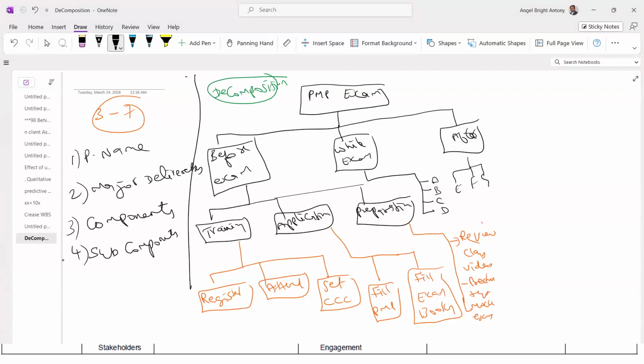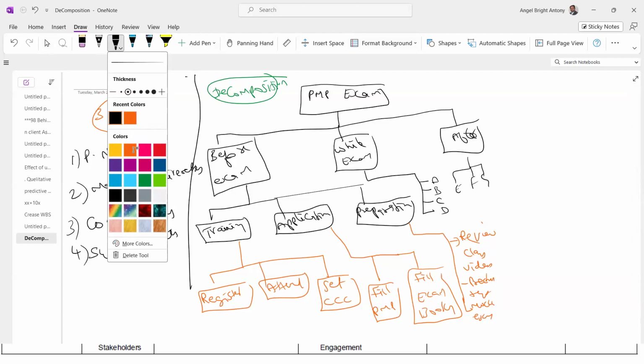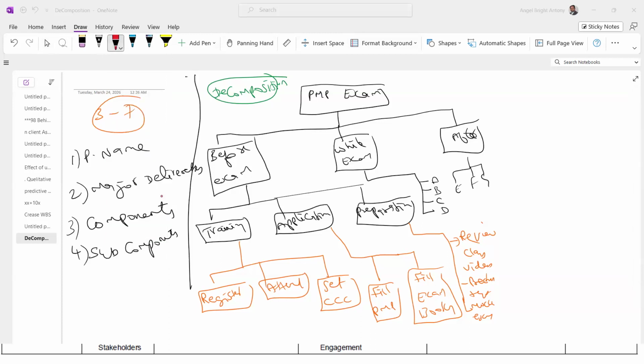One of the important points you have to know for the examination is that activities of the project are not part of the WBS. So here I put these in a different color in the last class to tell you they are the activities of the project. How will you know whether it is an activity or not?